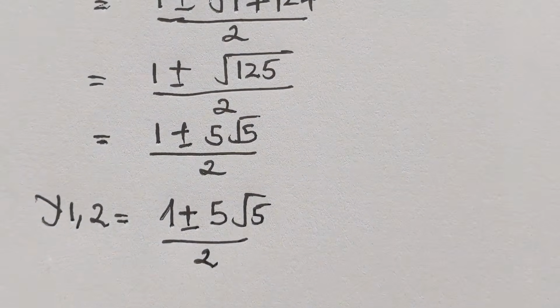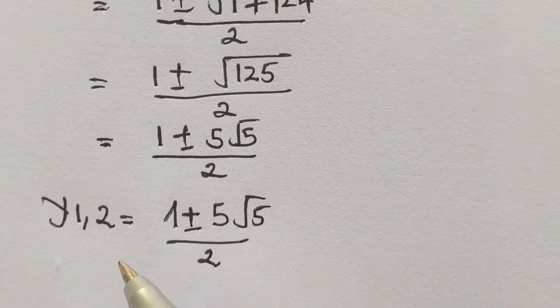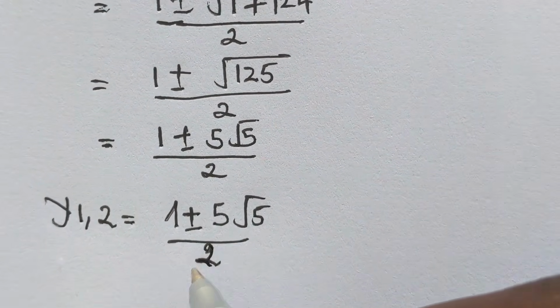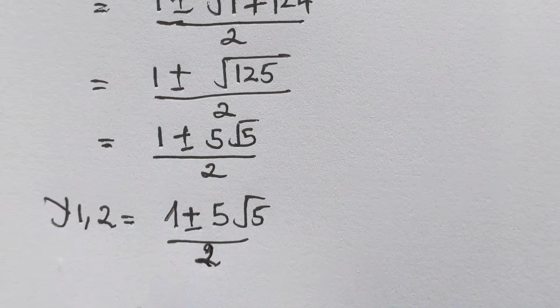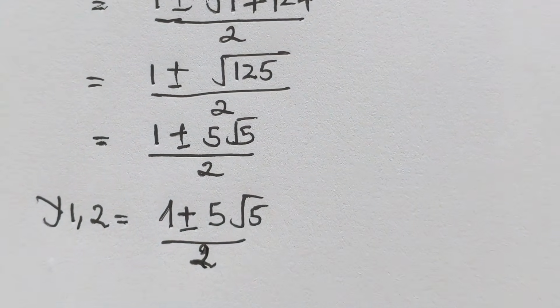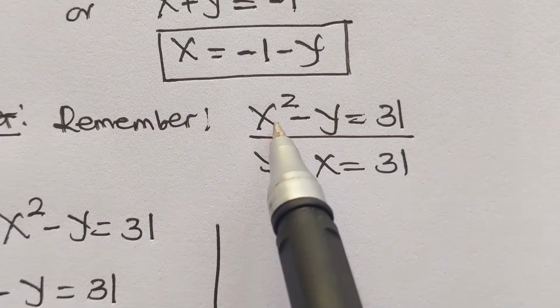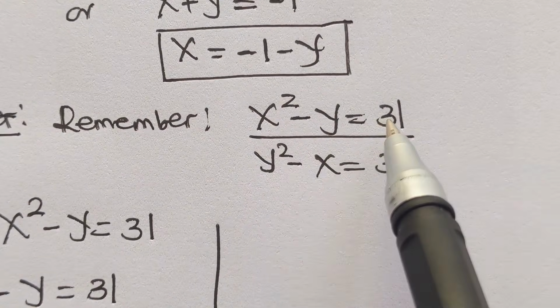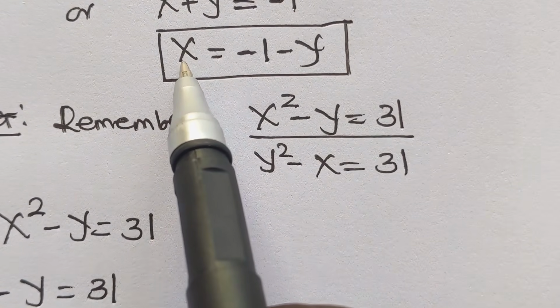And remember that here x is equal to y. If you have y, which is this one, it means that x is equal to this. Now we're going to use the equation x squared minus y equals 31 by plugging the value of x into this equation.